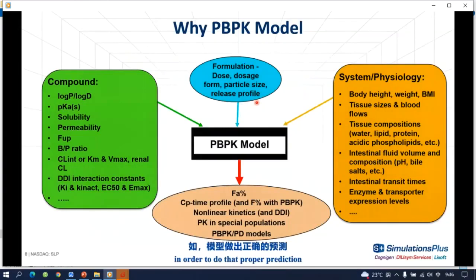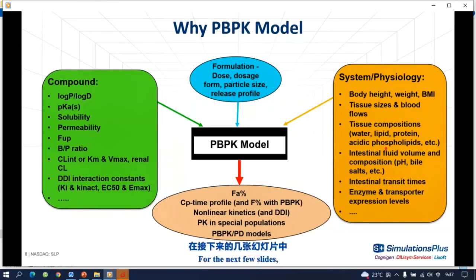So of course, in order to do that proper prediction, we really need to know the system changes, how the physiology is changing from neonates all the way to the adults. And that is what allows us to then predict how the compound and formulation will behave in different physiologies in children of different ages.